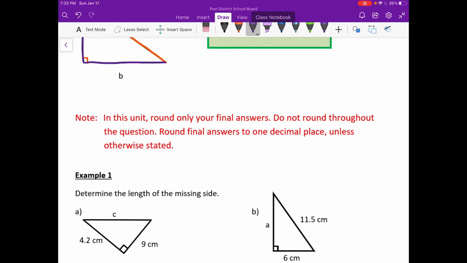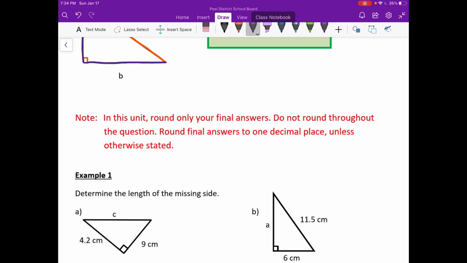In this unit, for this unit's purposes only, round your final answer. So remember when I was saying before, only round your final answer? This is what I mean, because you're going to work with a lot of different decimals, right? If you start rounding earlier on, you won't get the same numbers. So try to keep as many decimal places as you can while you're working through. You can do that by using the ANS button on your calculator.